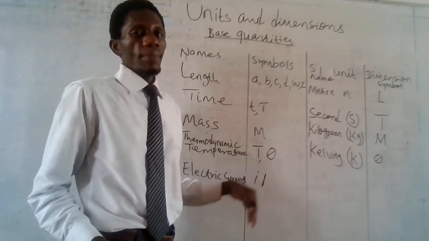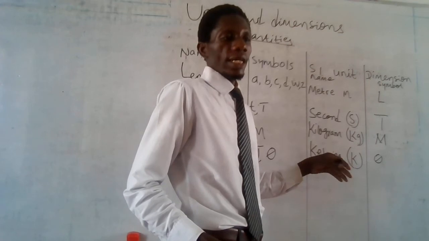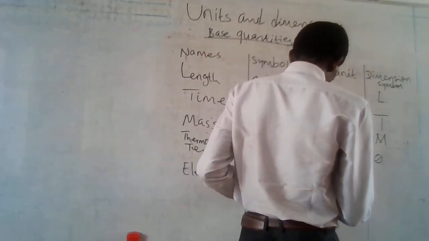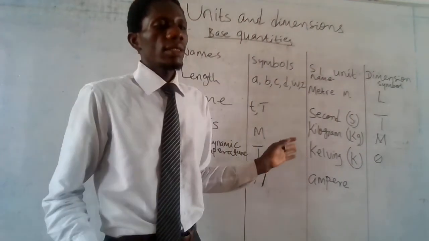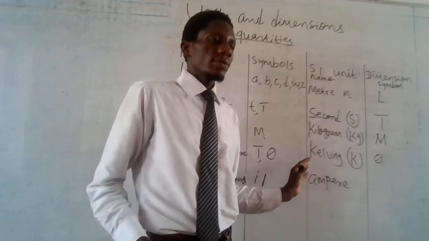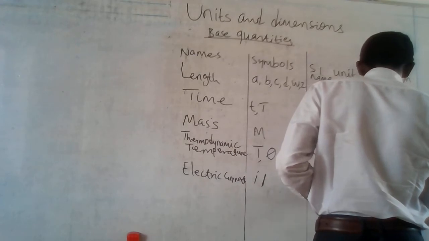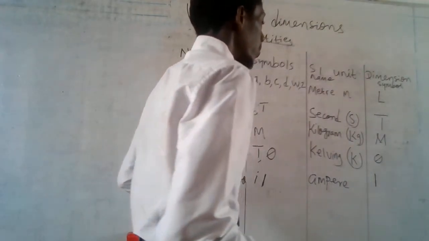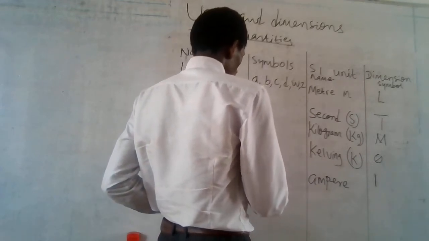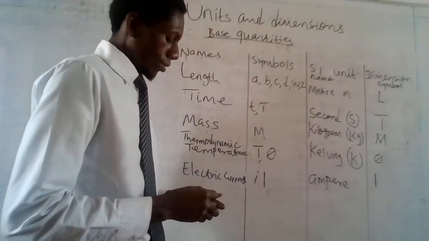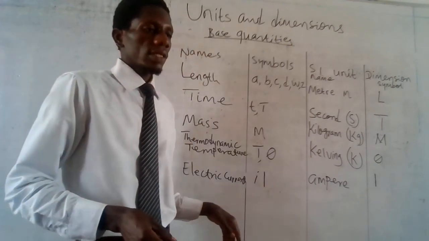It is measured in ampere. So the SI unit name is the ampere. And the dimension symbol is I. I is used as an electrical current symbol.